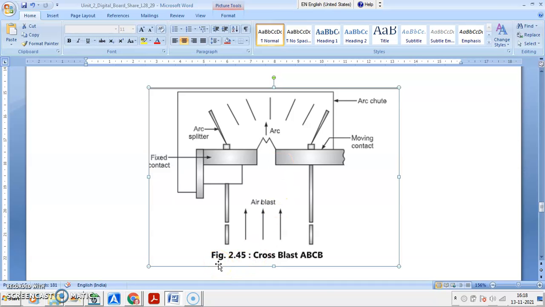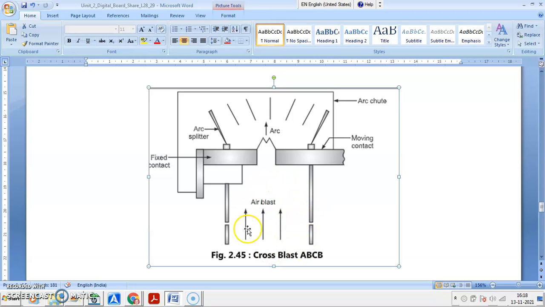Some advantages are there: high speed arc interruption, short arcing time, high speed reclosing, less weight, very low maintenance, and only air is the media, so no risk of explosion or fire. Simple arc extinction chamber, but in the high pressure air blast circuit breaker the arc interruption chamber is costly, so it is more cost.